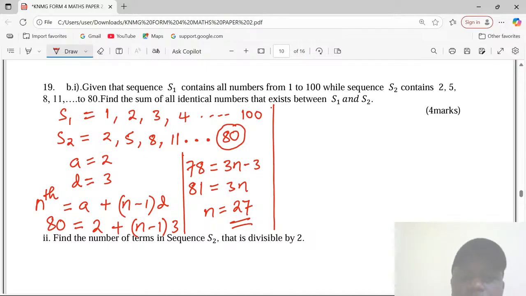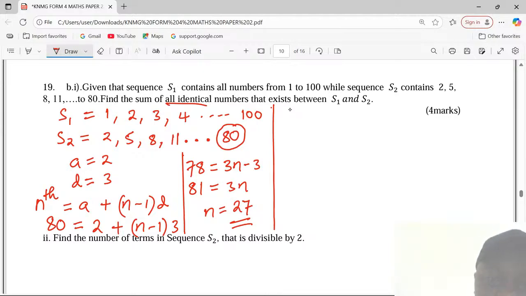And therefore, we are finding the sum of all identical numbers, and those numbers are the numbers found in sequence 2. So we need the sum of 27 terms.